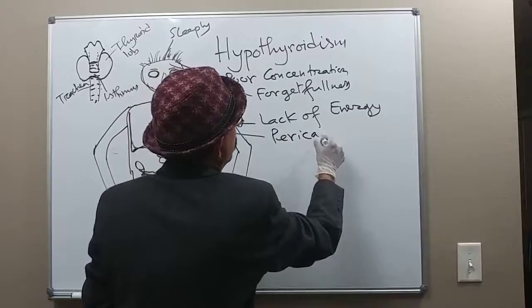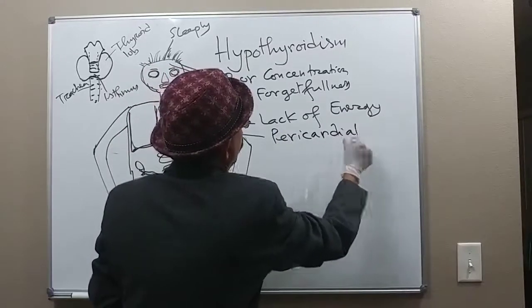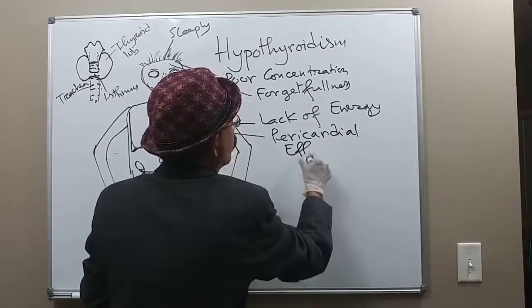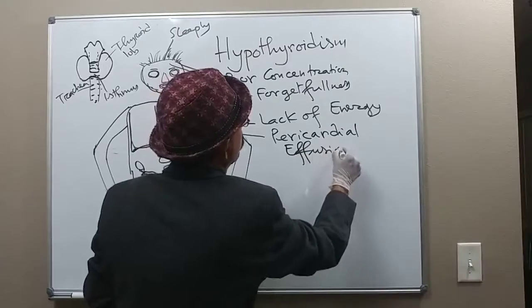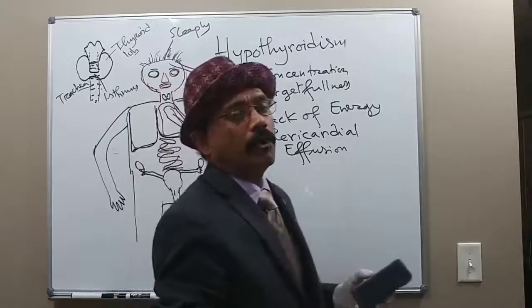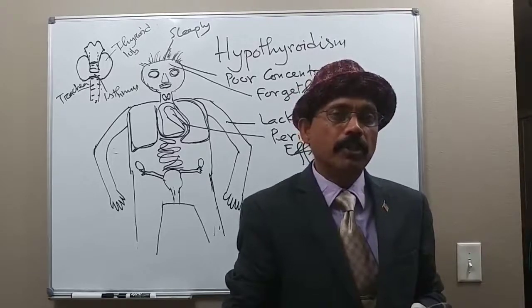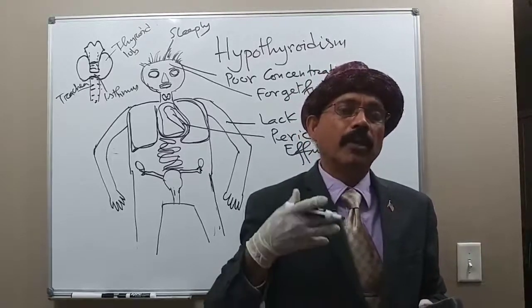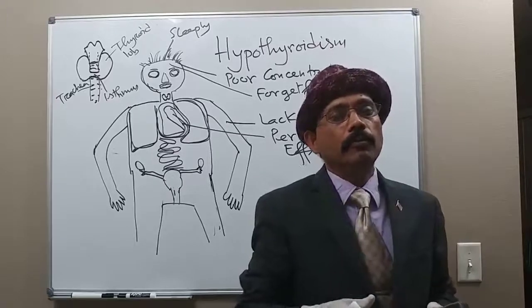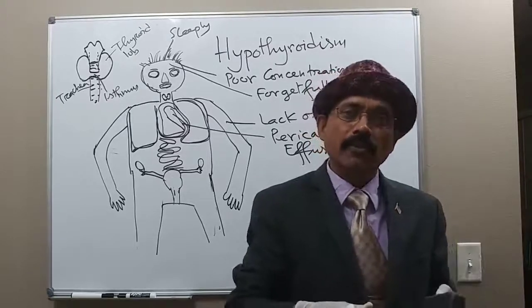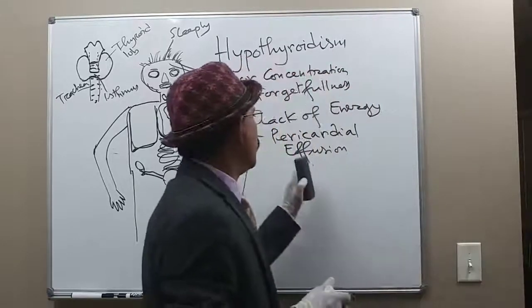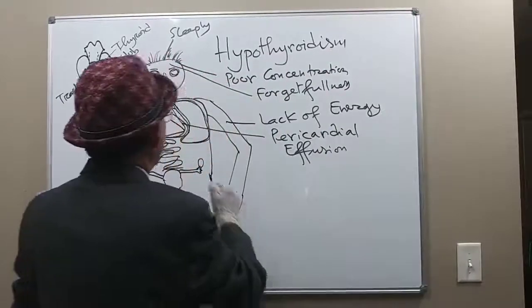Even there may be a chance of pleural effusion. This happens due to lack of albumin. There will be decreased plasma colloid osmotic pressure, so there will be excessive capillary leakage to the serous spaces that may lead to pericardial effusion.